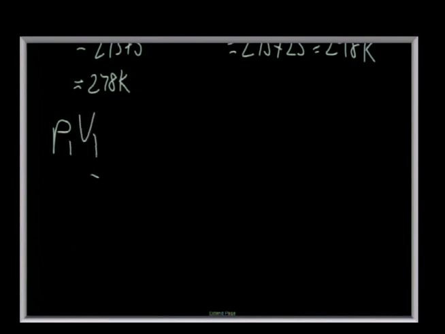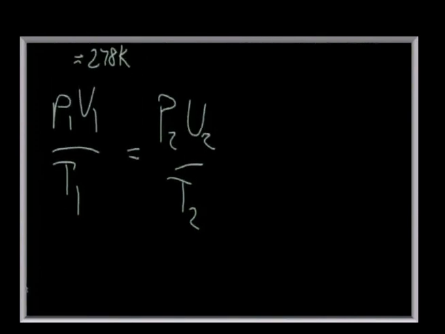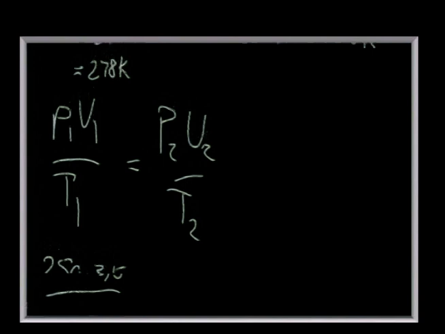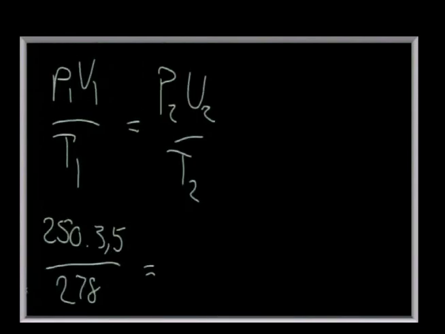P1 V1 over T1 equals P2 V2 over T2, and then do the substitution directly in there. So here we go. Pressure 1, we had it at 250. Volume 1 was 3,5, and we've just worked out the temperature is 278, whereas over here, we know that that's 101,3.